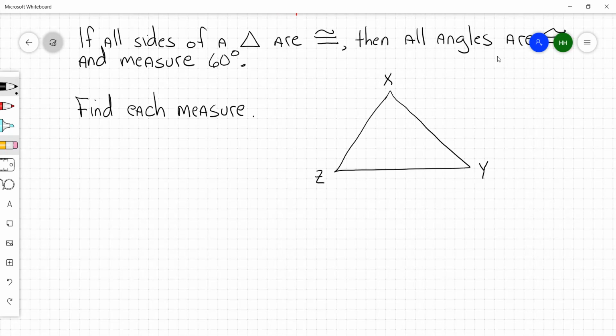Side XZ is 8. Angle X is 60. And side XY is also 8. And find each measure. We're going to go angle Z, angle Y, and side ZY.